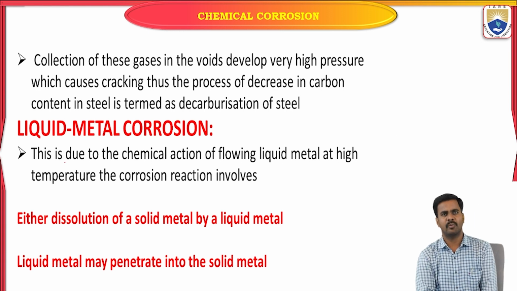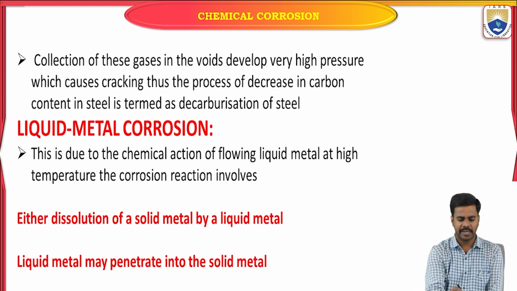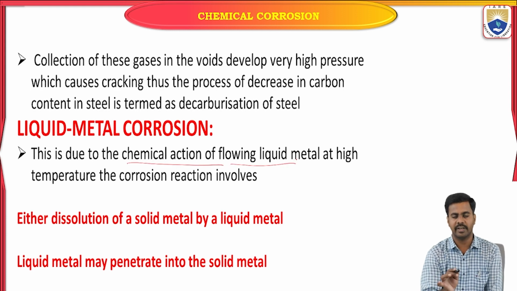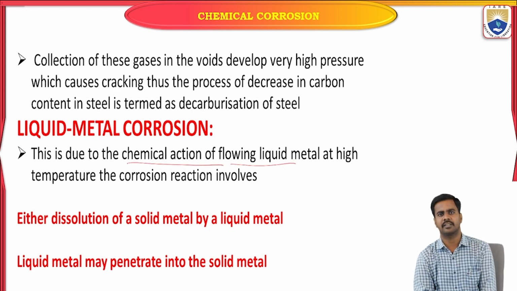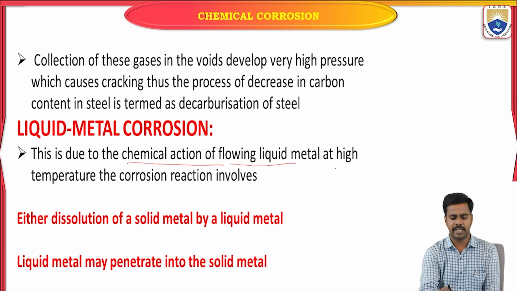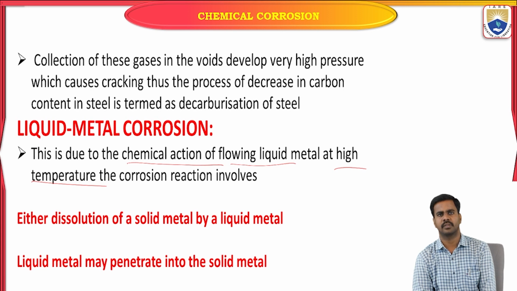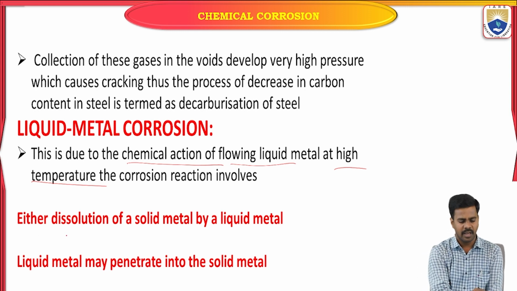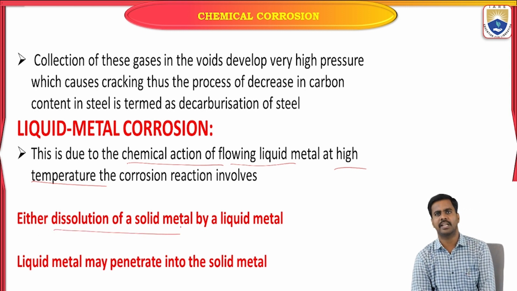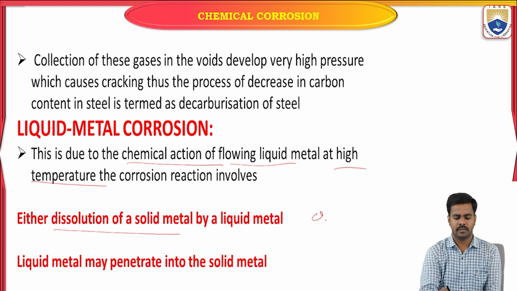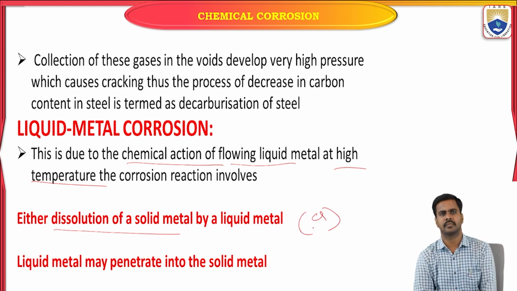This liquid metal corrosion is due to the chemical action of flowing liquid metal on the metal surface at high temperature. The destruction process involves either dissolution of solid metal by a liquid metal, or the liquid metal may penetrate into the solid metal.